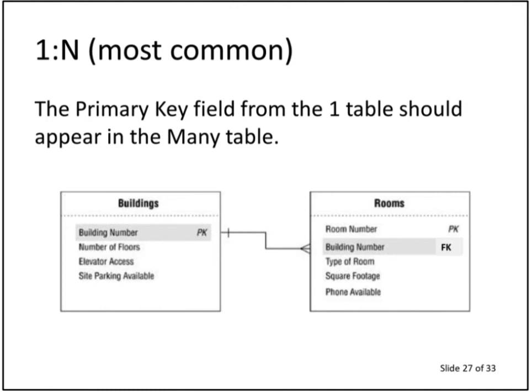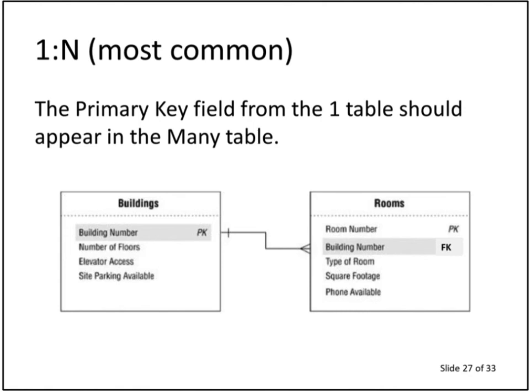So the rule is the primary key from the one table should also appear in the many table. The primary key from the one table, which is buildings, is building number, and it appears over here in the rooms table, where it is also labeled as a foreign key. So again, primary key from one table must also appear in the many table.